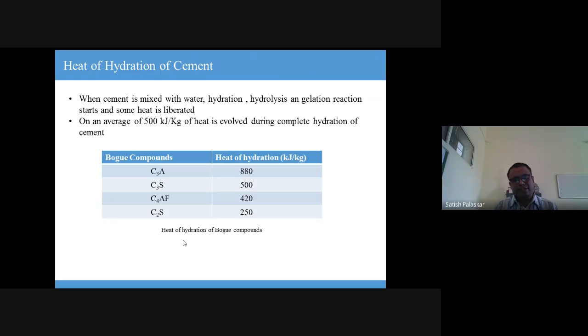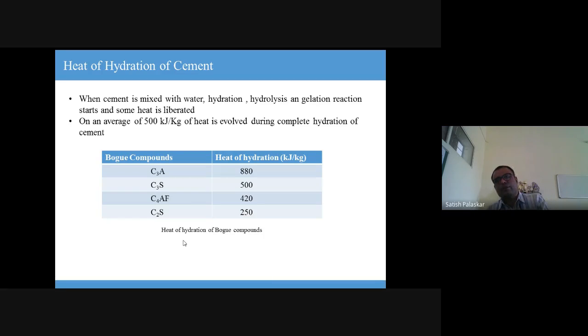Now, the heat of hydration of cement. When cement is mixed with water, hydration, hydrolysis and gelation reactions start and some heat is liberated. On average, 500 kilojoule per kg of heat is evolved during complete hydration of cement. Now see how much heat is released by different compounds.